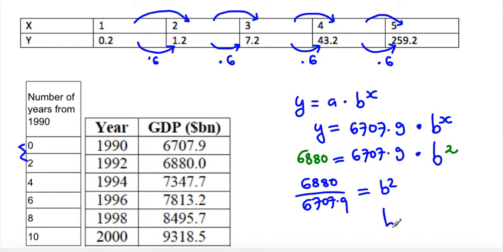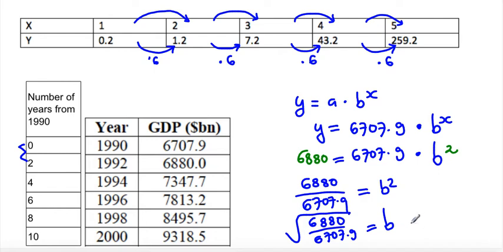So grab your calculator and take the square root of this number, and that will be your b value.